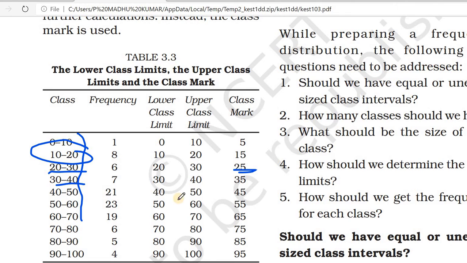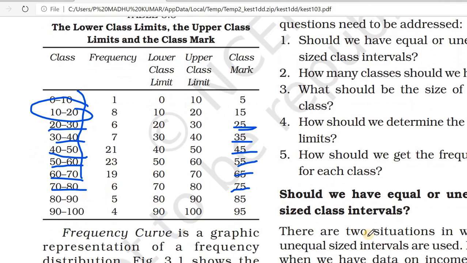Here 30 plus 40, 70, 70 divided by 2, 35. 40 plus 50, it is 90, 90 divided by 2, 45. 50 plus 60, 110 divided by 2, it is 55. 60 plus 70, 130 divided by 2, 65. 70 plus 80, it is 150 divided by 2, it is 75.